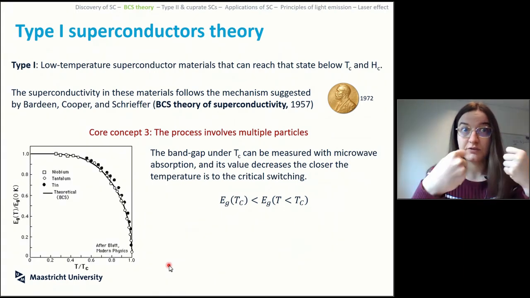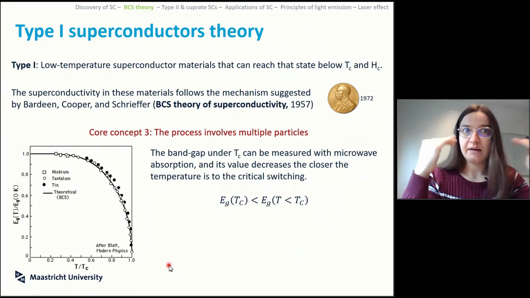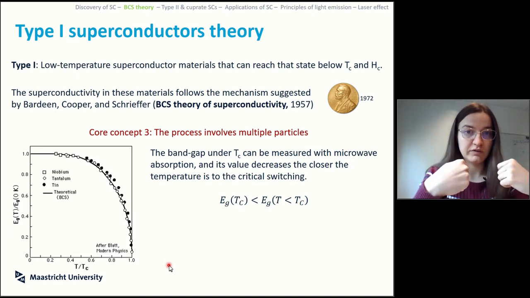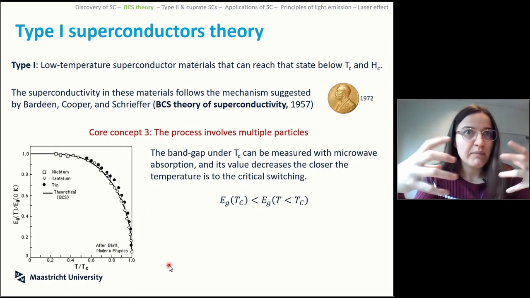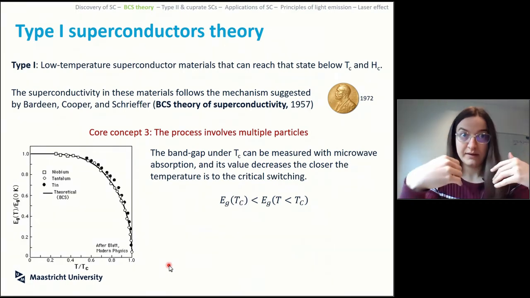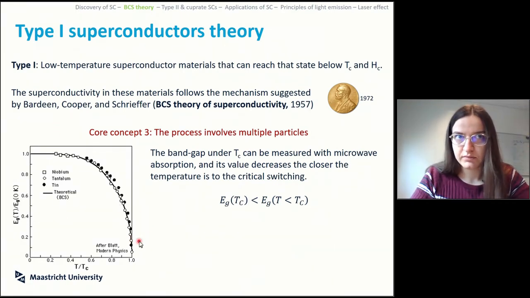This is the reason why the gap decreases, and the gap that you measure tends to go to zero as you approach the critical temperature. Above the critical temperature, there is no connection in this double particle behavior, and your material behaves like a metal, meaning that it will go to a zero band gap.